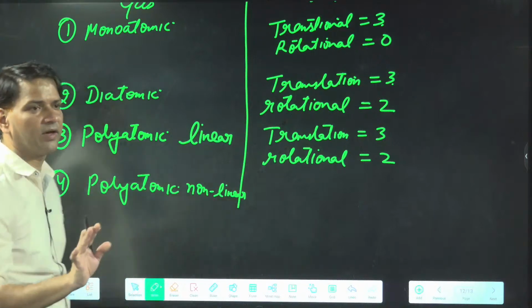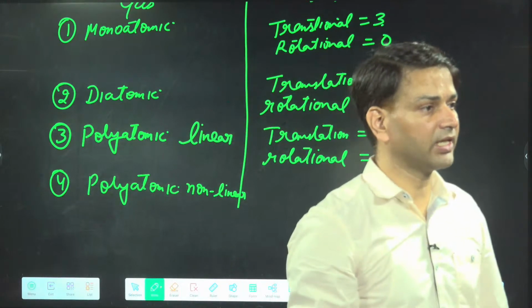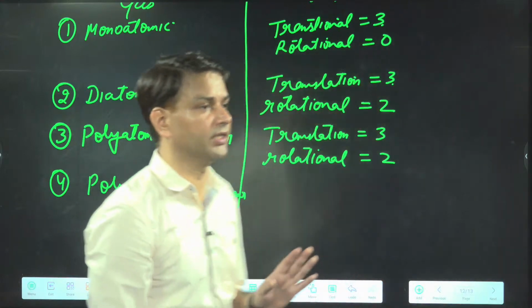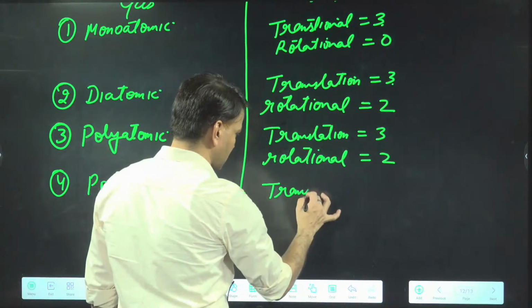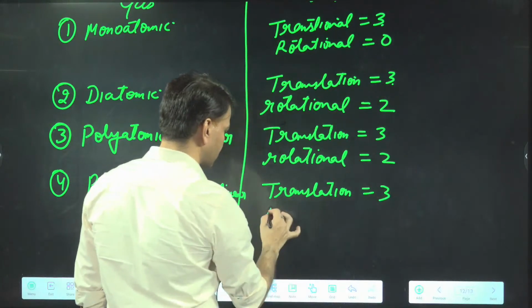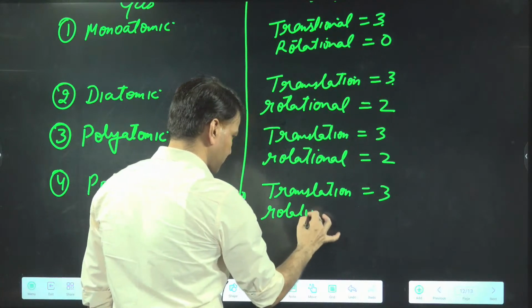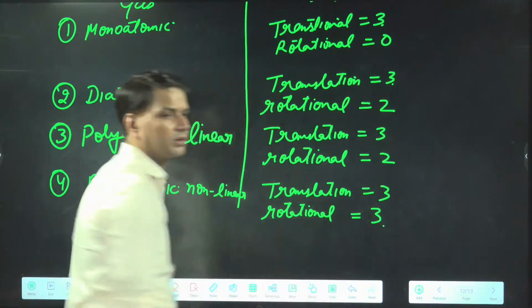In most cases they are not mentioning linear or non-linear, so we will always take non-linear. Then translation is 3 and rotational is 3.